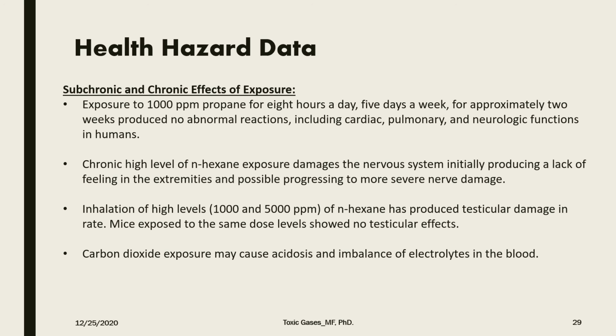This is not in humans, it's in rats. And mice who have been exposed to the same level also showed no effect. So the data is not really clear about the effect of these gases on the human body. And we previously mentioned carbon dioxide exposure. High levels of carbon dioxide exposure lead to acidosis and imbalance of electrolytes in the blood.